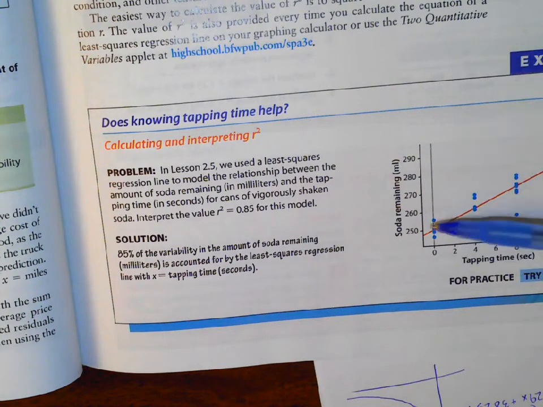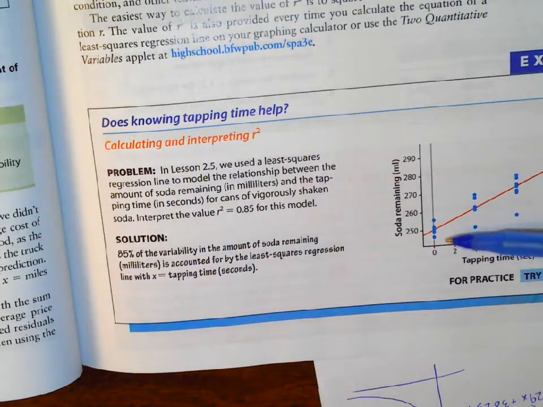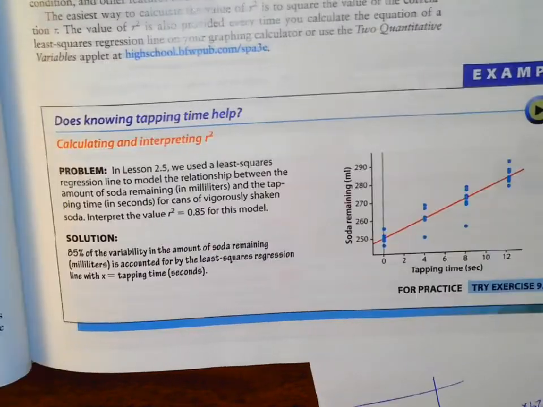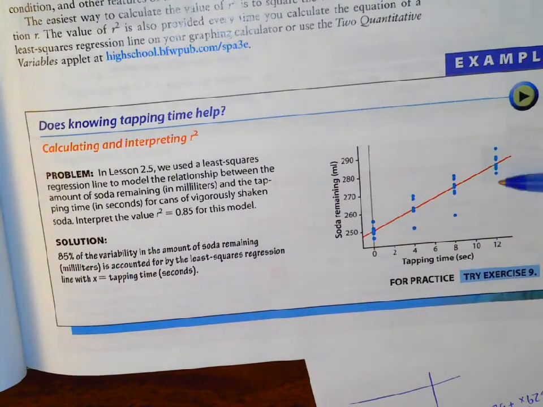They're shaking this can up, and if they don't tap on it, a lot of it comes out and there's less soda left, right? If they tap on it for 12 seconds, whether it's actually the tapping or the actual time, I don't know, not as much spilled out. They have more soda in their can.